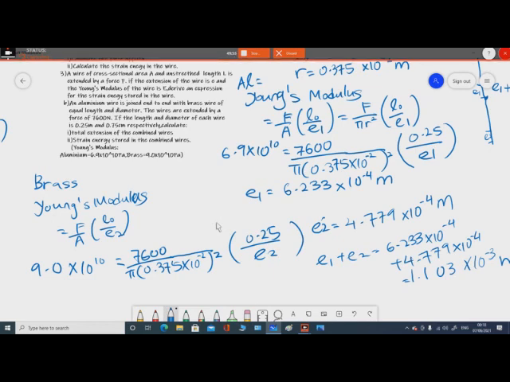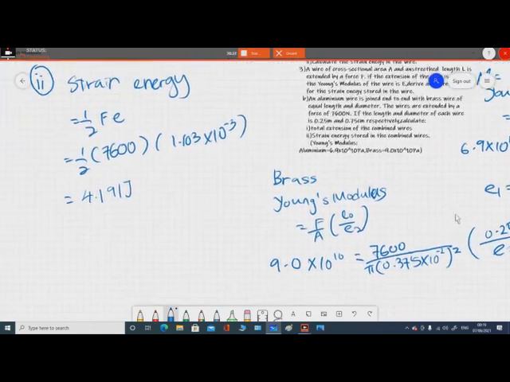Pi times 0.375 times 10 to the power of negative 2 squared, times 0.25 over 9 times 10 to the power of 10. Oh yes, okay.